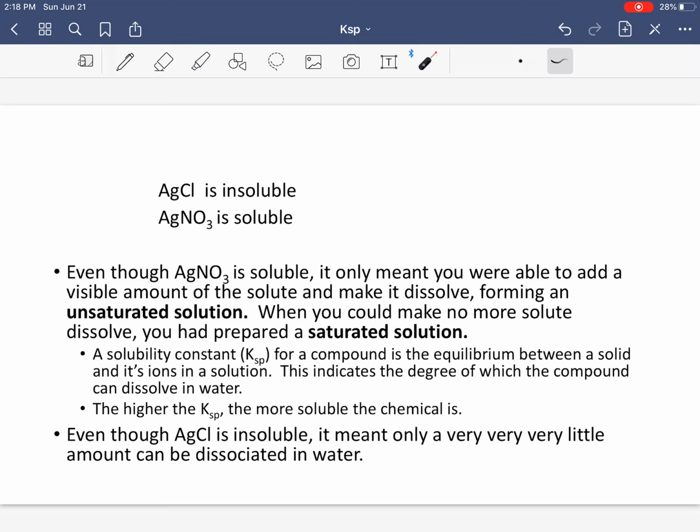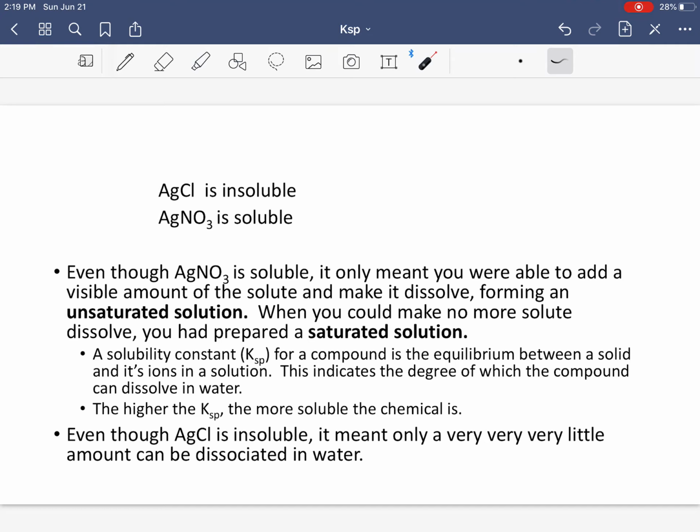Now, every chemical, especially those that are not very soluble, has something called a solubility constant, known as Ksp. We've seen K before in the form of Kc. That's an equilibrium constant. Ksp is totally related. Instead of an equilibrium constant for an equilibrium reaction, it is the equilibrium constant for a solubility reaction.